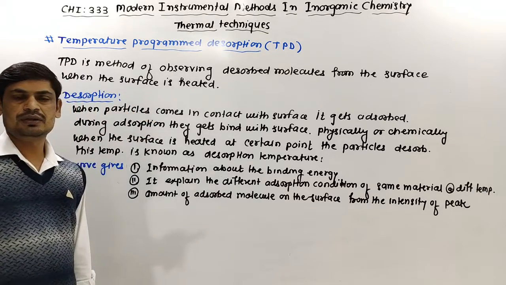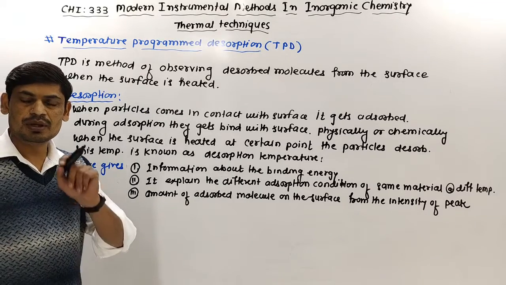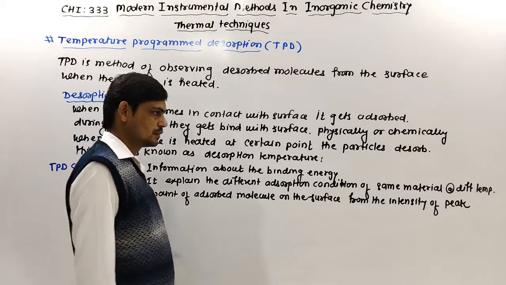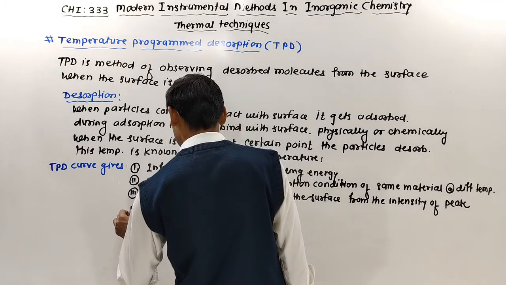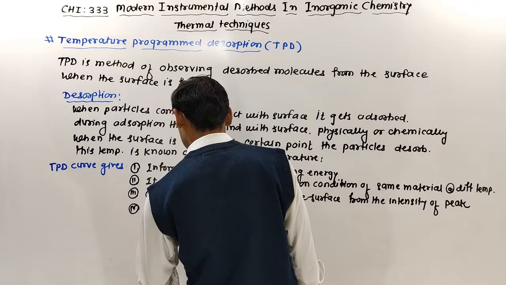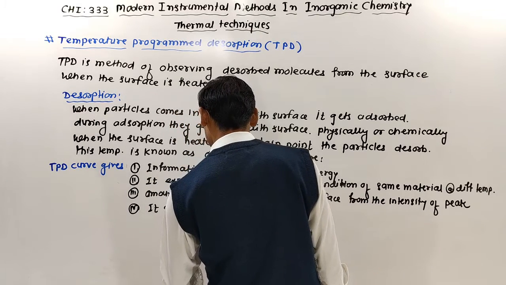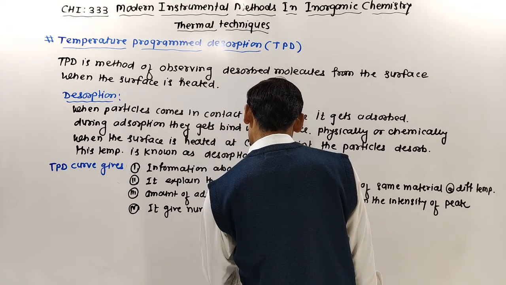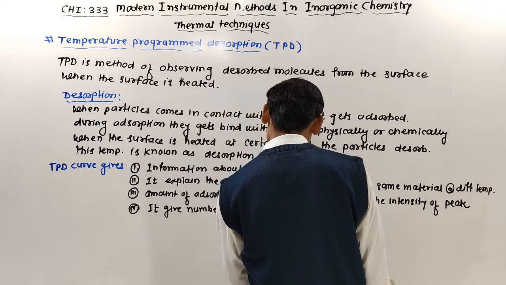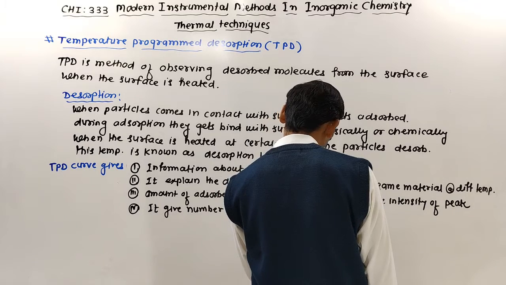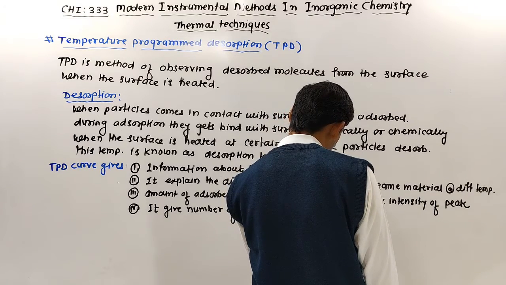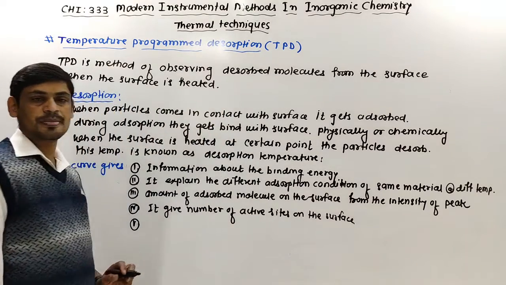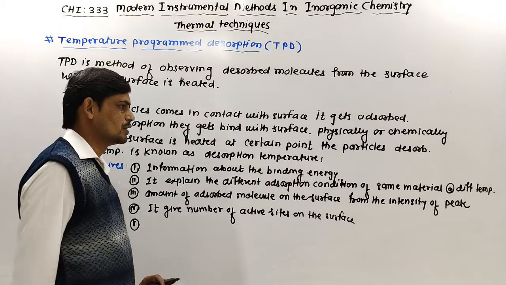The TPD curve also gives the number of active sites on the surface. कितने एक्टिव साइट है उसके बारे में ये हमें इंफॉर्मेशन देगा.